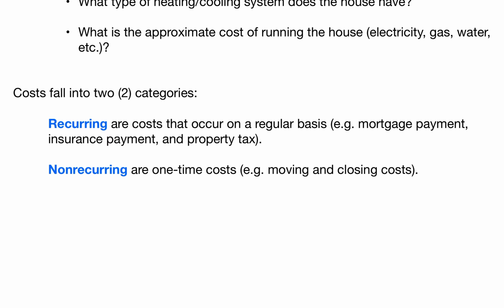Again, that could be once a year as well, unless that's included as part of your mortgage payment to the bank. And then the other category is called non-recurring, and these are one-time costs, right? So these are moving and closing costs, repairs of the heating, cooling system, or repair to your roof. Those are some examples of non-recurring one-time costs.